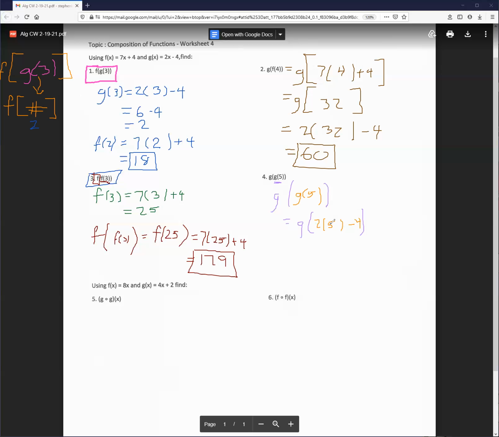So 2 times 5 is 10, minus 4 is 6. So we need to do g of 6. So g of 6, 2 times something minus 4, and the something is a 6. 2 times 6 is 12, minus 4 is 8.